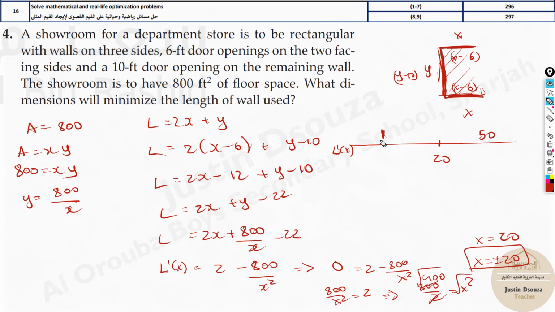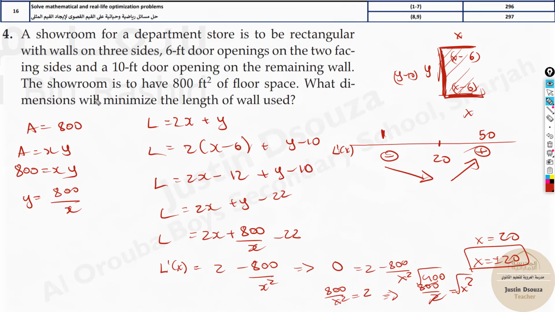Over here, this one. Substitute 1, it will be 2 minus 800, it's a negative. And when you put 50, 50 squared is a huge number. It will be less than 1 for sure. So it will be 2 minus a small number, which is positive. So it will go down and up. So x equals 20 will be the minimum value.